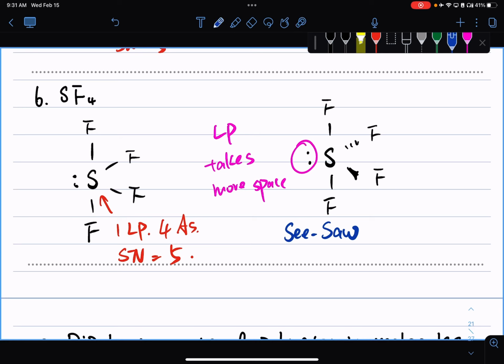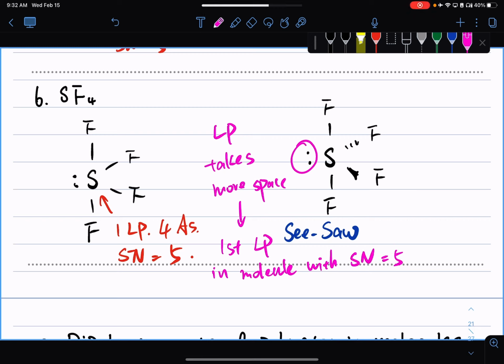Here I just want to write it down again. So first, a lone pair in a molecule with steric number equals 5 always goes to the equatorial position.